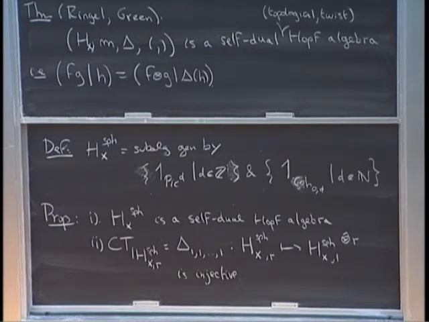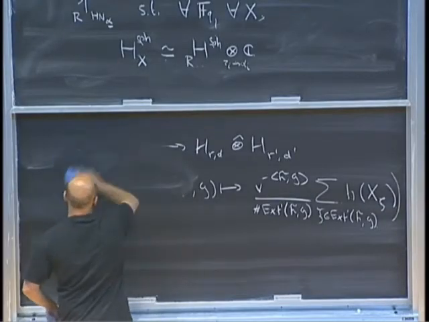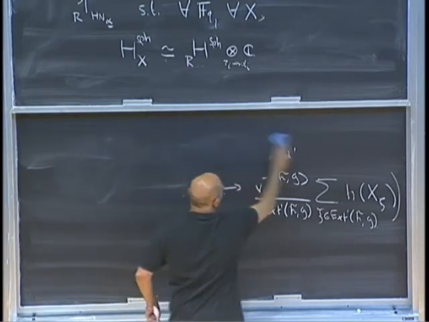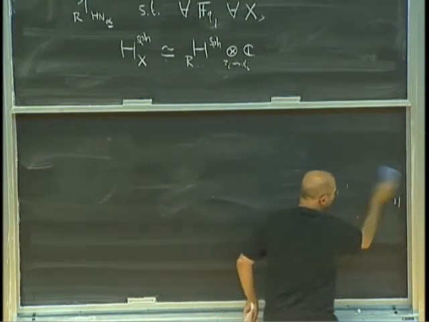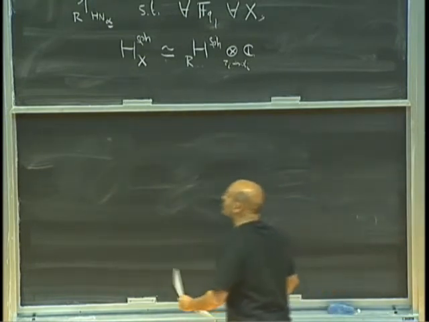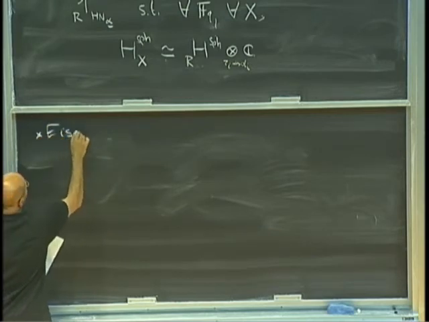Okay, so now that I defined all these, let me try to do something with it, just to show you how it can be useful. And also this will be a good illustration of what's to come in the second part of this talk. So for this, I have to introduce Eisenstein series.